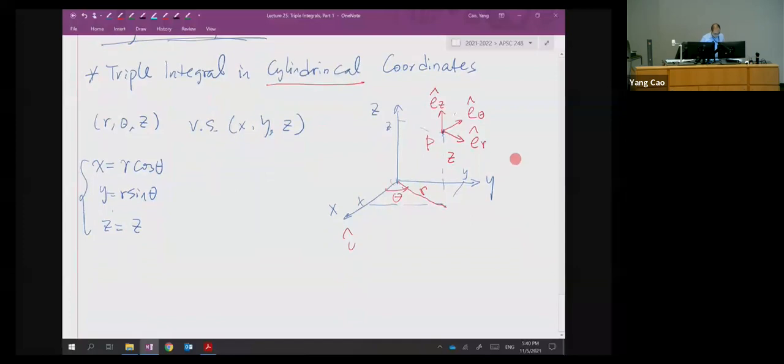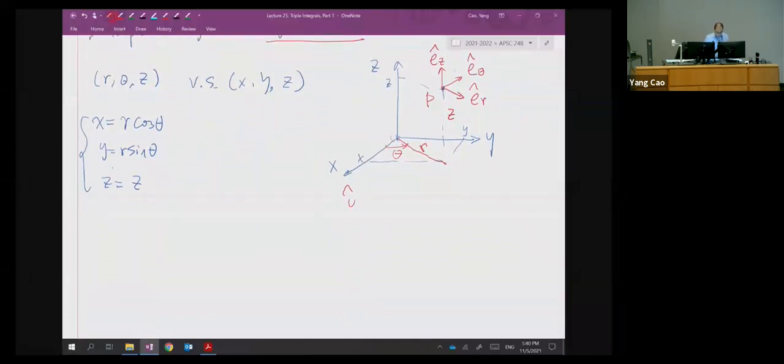Okay. So the point here is we're not going to evaluate the triple integral using x, y, z anymore. We want to integrate the triple integral using the cylindrical coordinates. So this is essentially the same idea as the so-called change of variables.